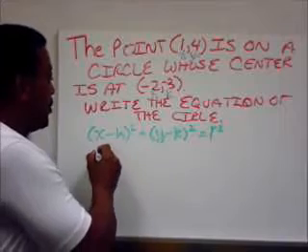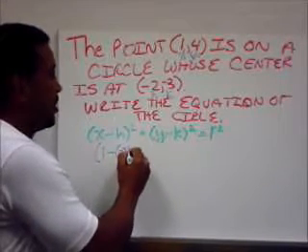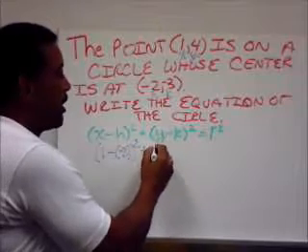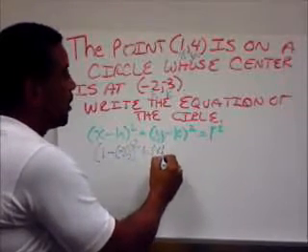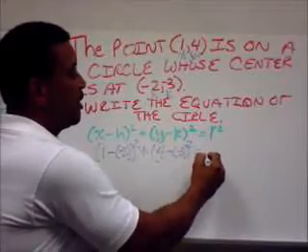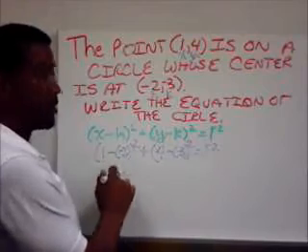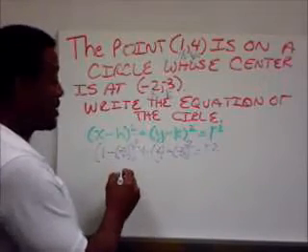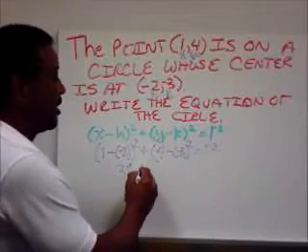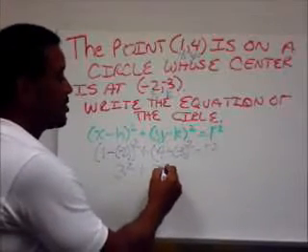So if we do that, you've got (1 minus -2) squared plus (4 minus -3) squared is going to be equal to our r squared. This is going to give us 1 minus -2, that's 3, so we've got 3 squared. 4 minus -3 is 7, so you've got 7 squared.